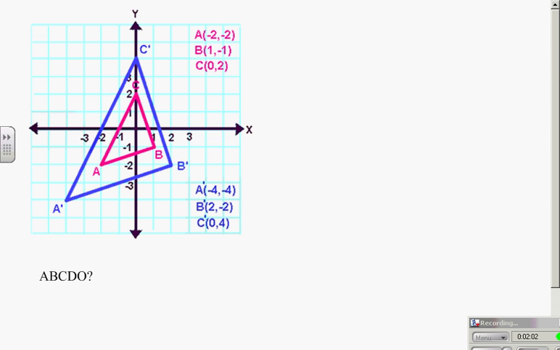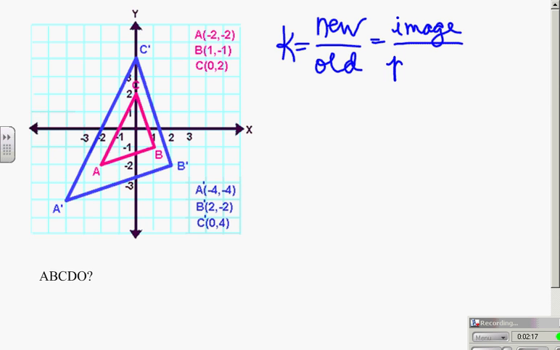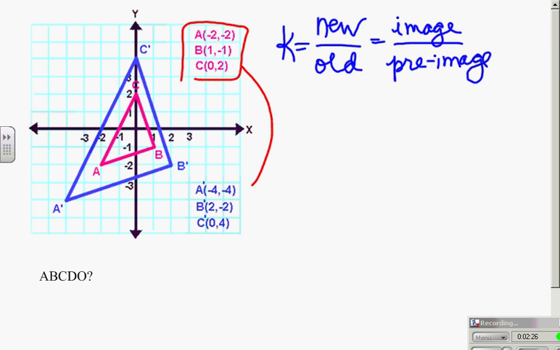How do I move from the pink triangle to the blue triangle? What changes? Well, remember we talked about K could always be found by taking new over old, by taking our image length or coordinate over our pre-image. By comparing these coordinates, we can pretty quickly see how we got from A to A prime, B to B prime, C to C prime.